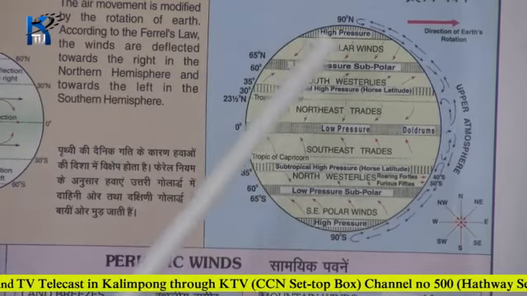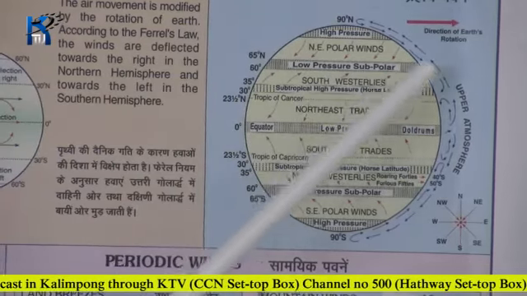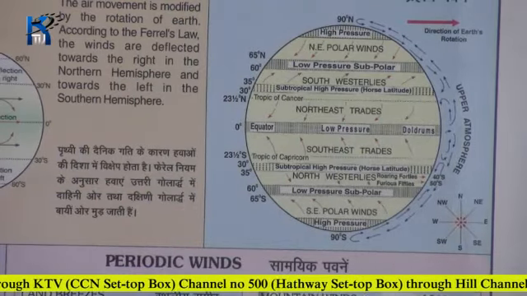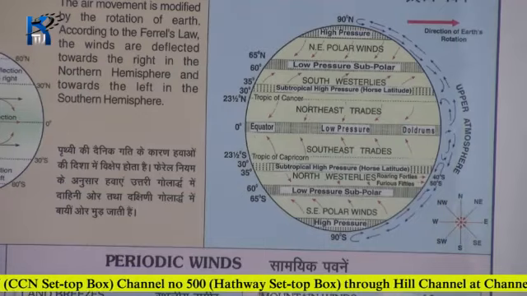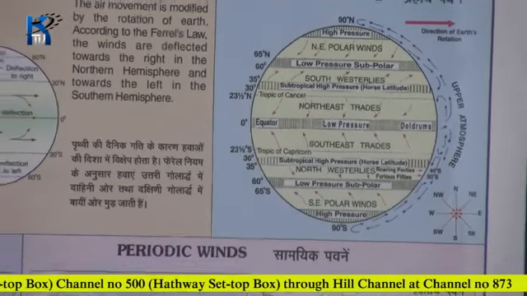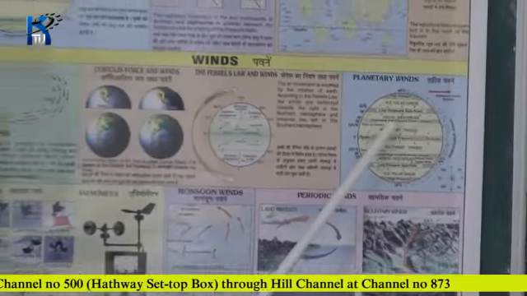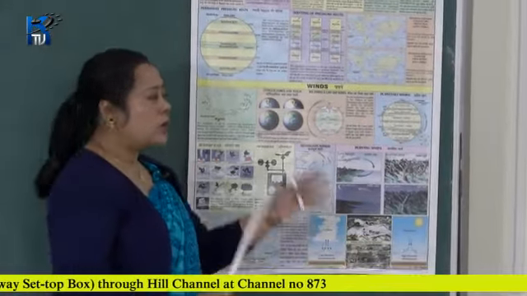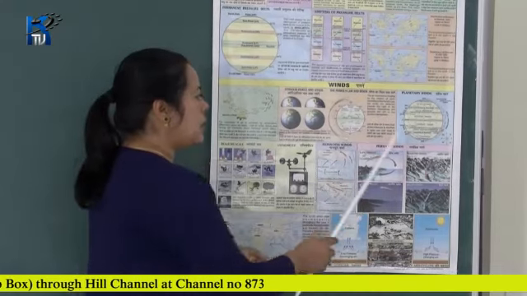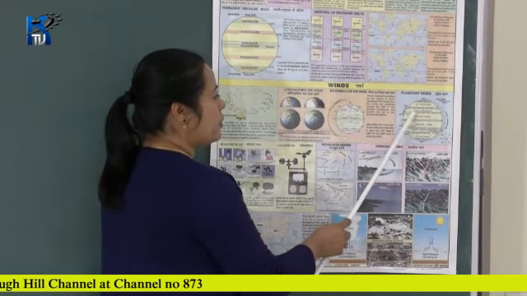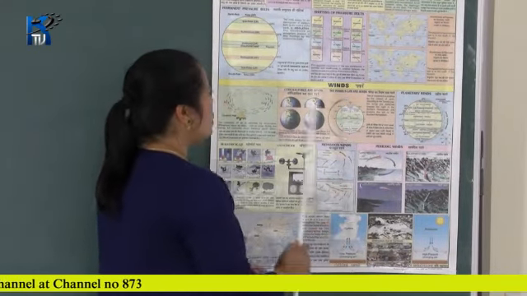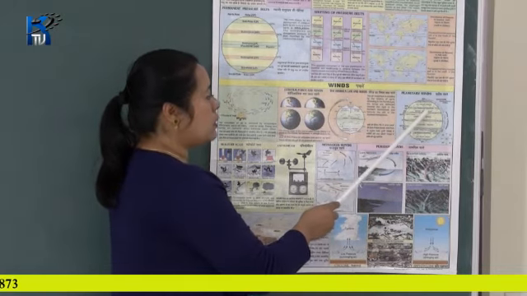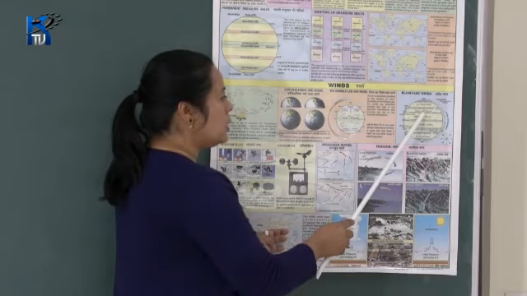The explanation of the term horse latitude is that during the time of sailing ships, when new technology like aviation was not there, people used to travel from one place to another by water, by ships. When horses were carried from Europe to America, the ship was stalled because of the absence of wind.